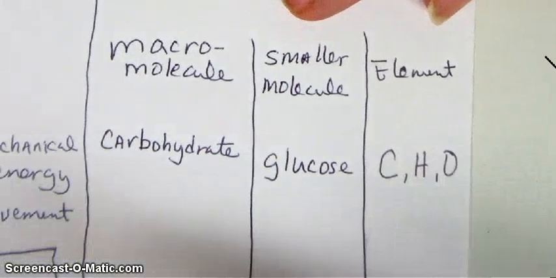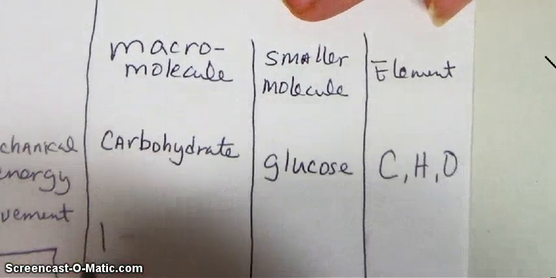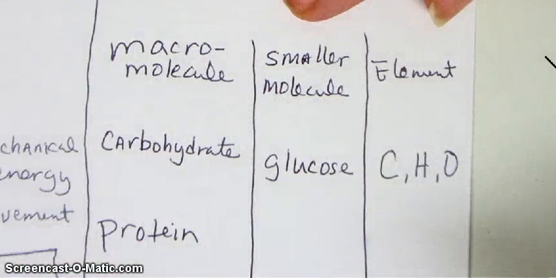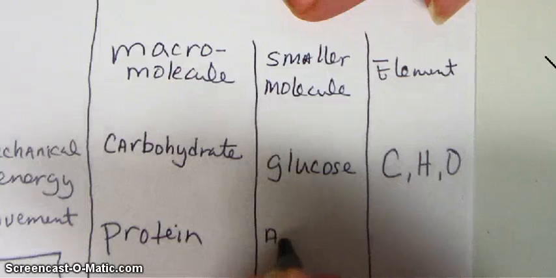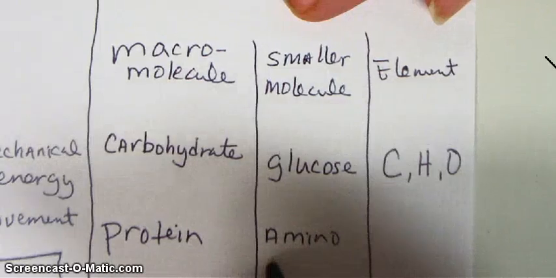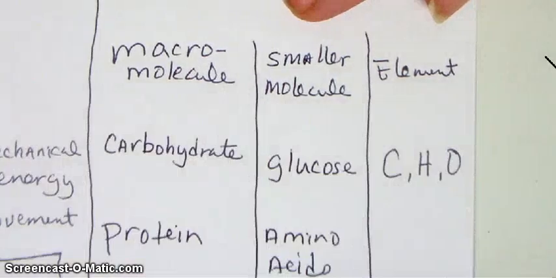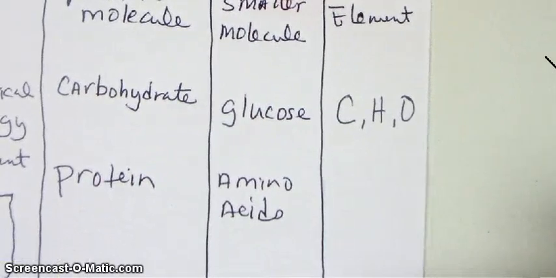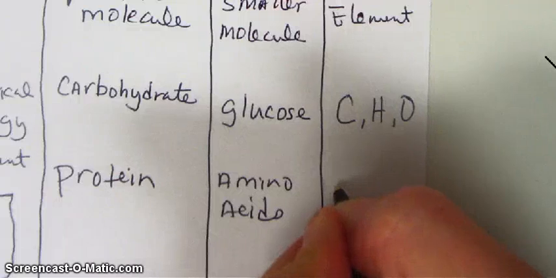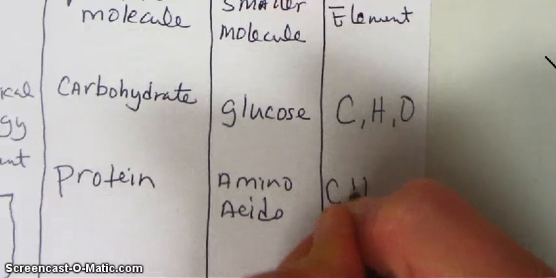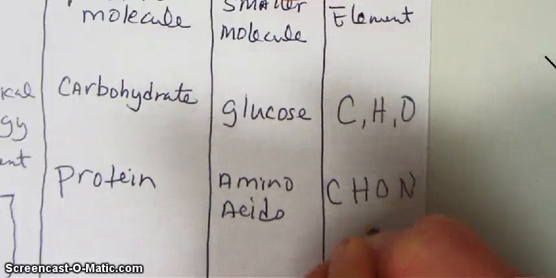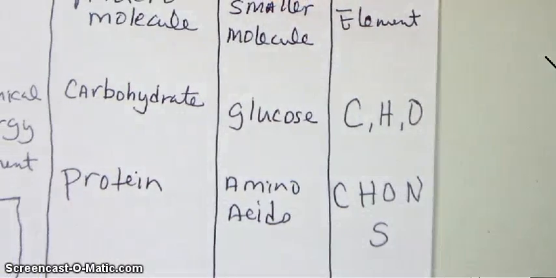The other macromolecule we're going to talk about is protein. A protein is made up of amino acids. The elements inside the amino acids and inside the protein are the CHONS, C-H-O-N-S. I'm going to put that S down there.